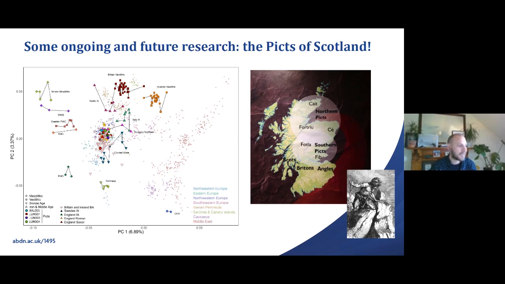And what we find is that the Picts fall into the landscape, shall we say, the area of this particular plot where other individuals from Bronze Age and Iron Age UK or British Isles cluster, right?